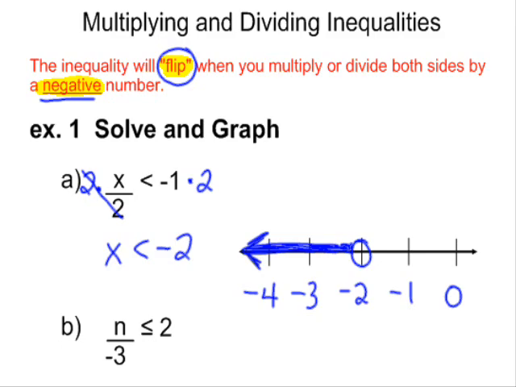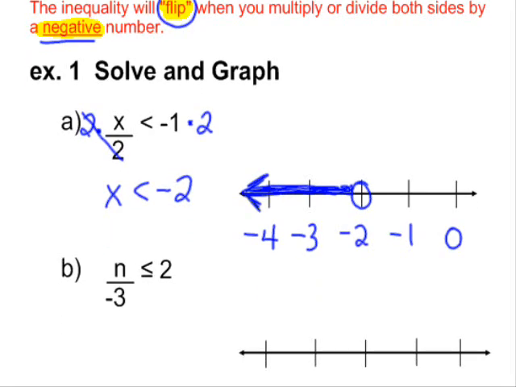Let's look at example 2. We have n divided by negative 3 is less than or equal to positive 2. This time we're dividing by a negative 3, so when we multiply, we're going to multiply by a negative 3. And when I check my statement up at the top, when we multiply or divide by a negative number, our inequality flips around.